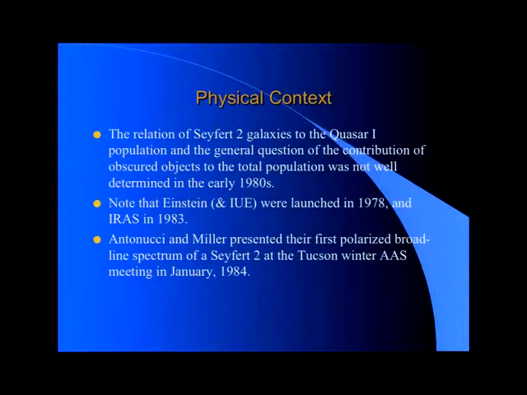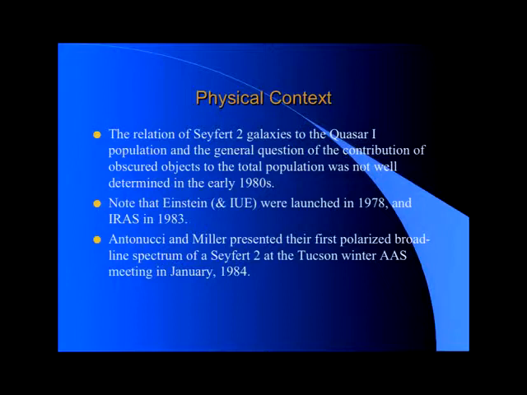The real issue here is, it's very nice to select by UVX, by broad lines, by variability with a straight-in shot to the nucleus. What about that whole other population that, for some reason or another, you just can't see? And so, again, going back to the intellectual context, Einstein launch was in '78.